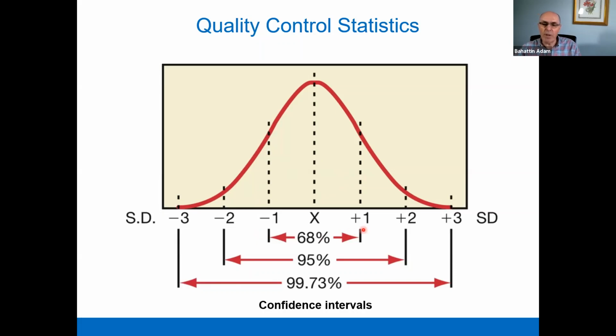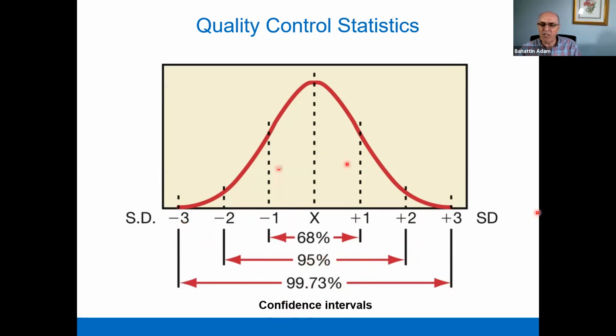If you accept 2 standard deviations, about 95% of your data will fall between this range, okay? 5% will be out of the range. What does that mean? Your confidence interval will be 95%, okay?